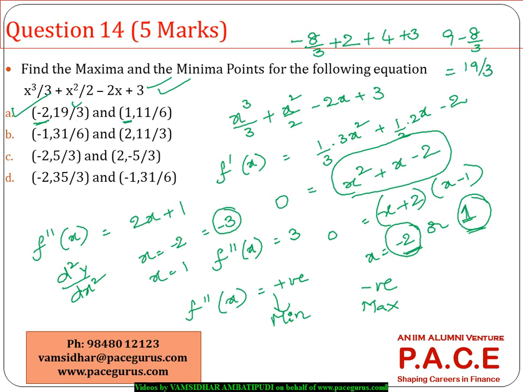So the maximum value for this expression is 19 by 3. Similarly, you substitute 1 into it. 1 by 3 plus 1 by 2 minus 2 plus 1 plus 3. 1 plus 5 by 6 working out to 11 by 6, and that is where we are marking this.